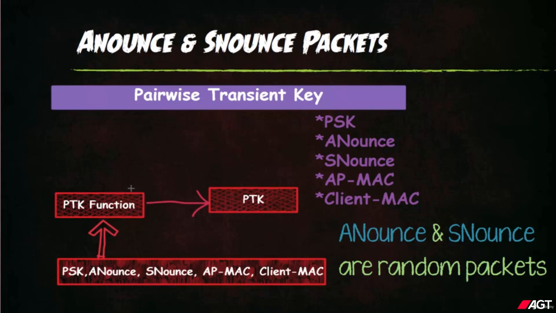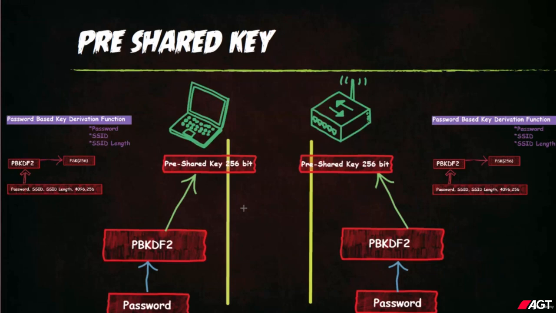Right? So the AP MAC address is known to both, and the client MAC address is also known to both the access point and the client. Based on these five attributes, the pairwise transient key is generated, right? So let me repeat the process one more time. The pre-shared key is generated on both ends, on the access point and on the client, but they haven't shared anything.